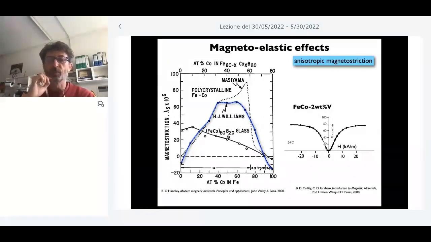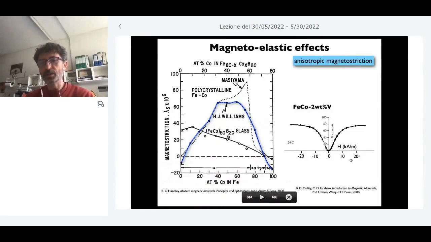You remember it was very small for iron, and it's -7. There are certain compositions of iron cobalt where you reach this level here. If you then also alloy a little bit of vanadium inside, you find a material like this. Here you see the strain in microstrain, so it's parts per million, as a function of magnetic field. 80 parts per million with iron cobalt and a little bit of vanadium inside.